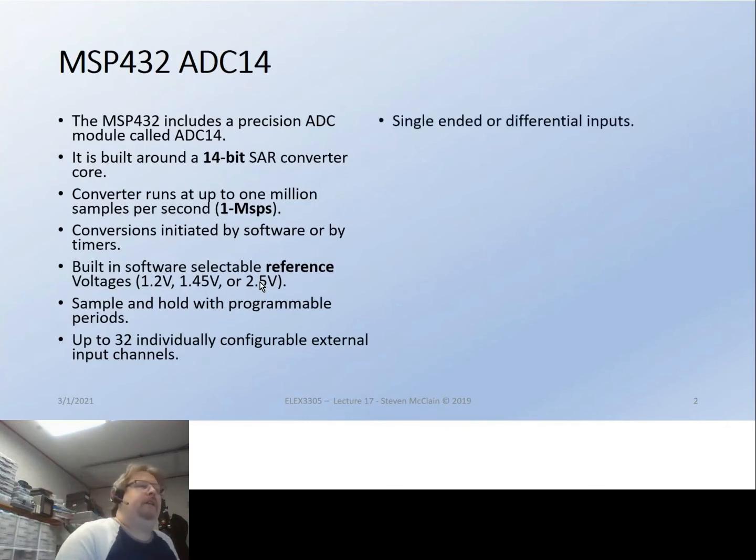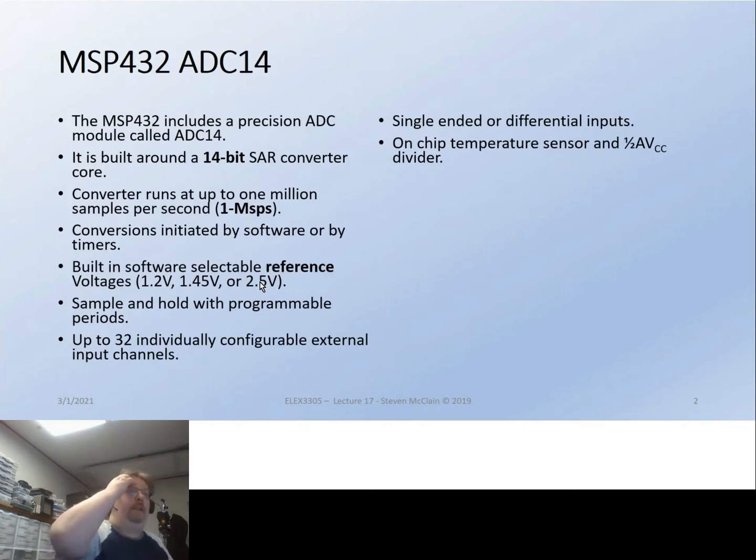You can use single-ended or differential inputs, so either a ground reference signal that just changes, or you can have a plus and a minus like on the input of an op-amp. It's got a temperature sensor built on chip and a way to measure VCC, so you can actually measure the power.